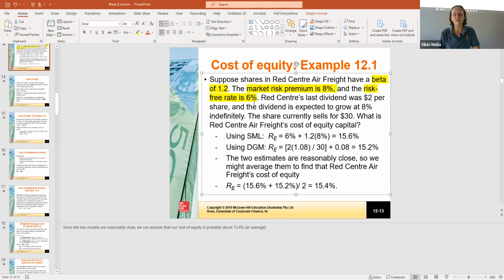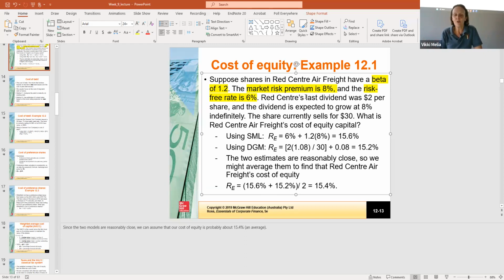All of that information there will allow us to use the capital asset pricing model, the CAPM equation. We've got beta, the market risk premium, and the risk-free rate. So we could use the capital asset pricing model or the security market line to measure the cost of equity.